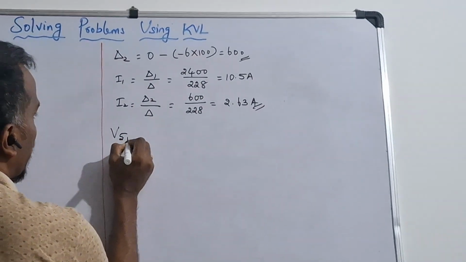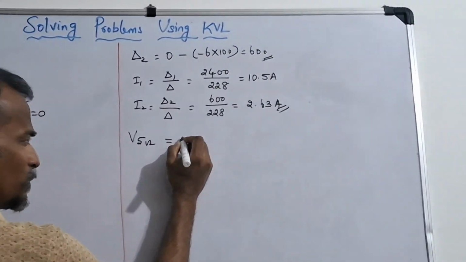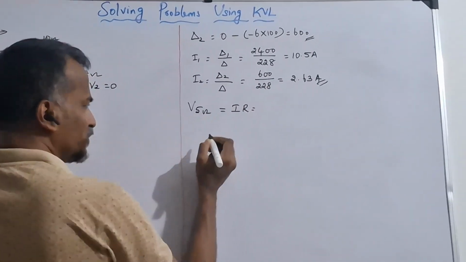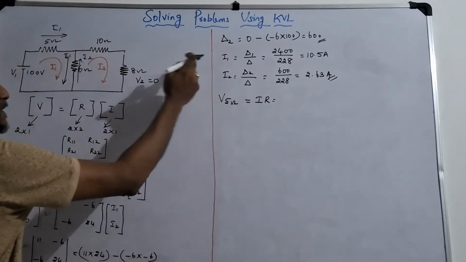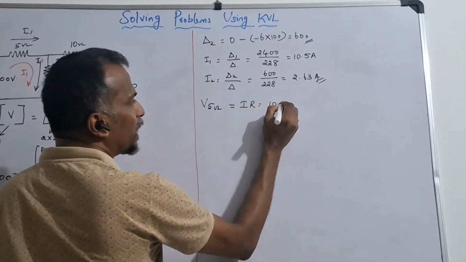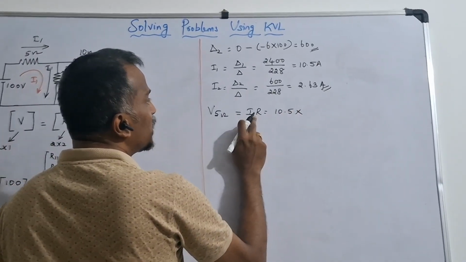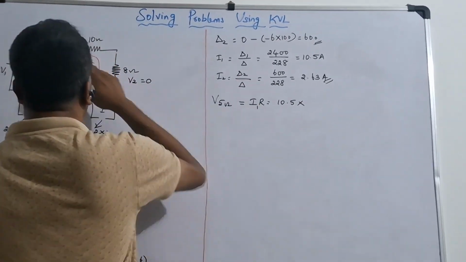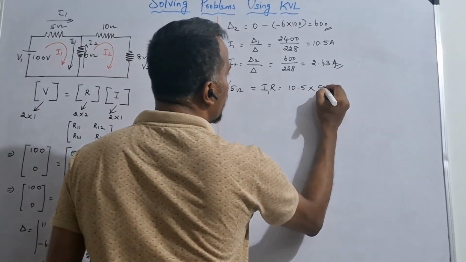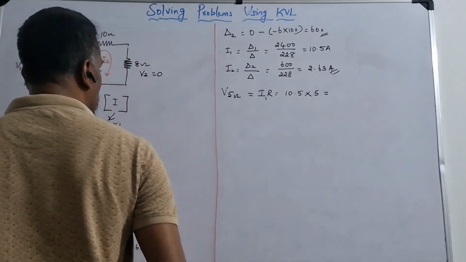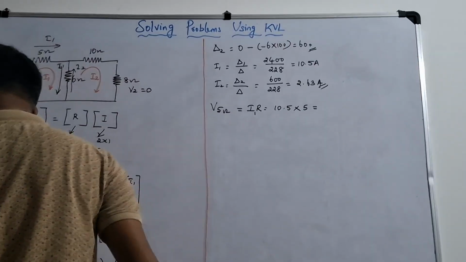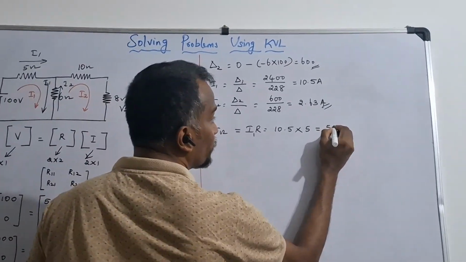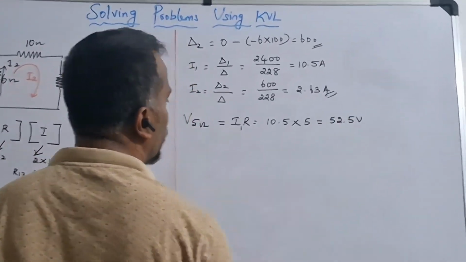Voltage across the 5 ohm resistance is, by Ohm's law, I into R. The current flowing through the 5 ohm resistance is I1, that is 10.5, into the resistance 5 ohm. So 10.5 into 5 we will get 52.5 volt.